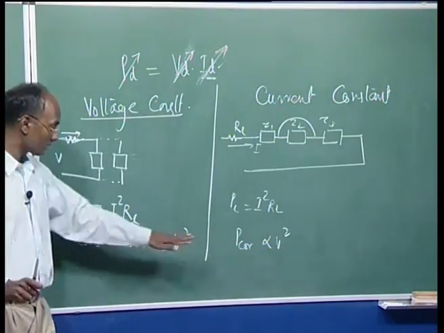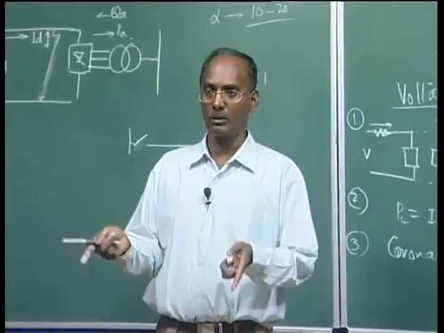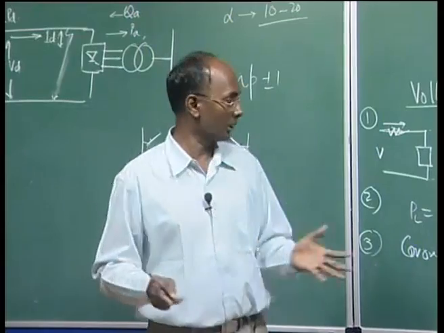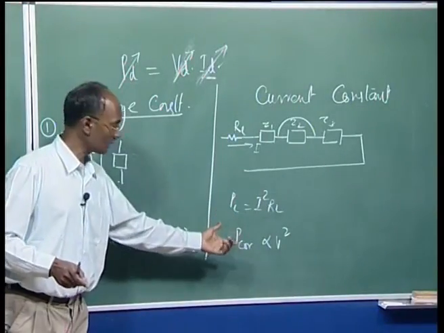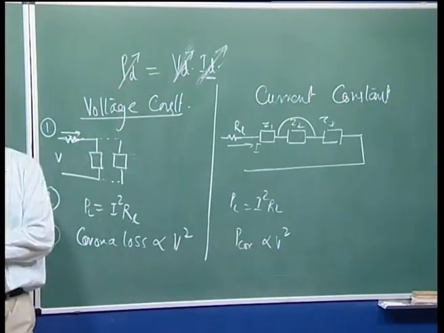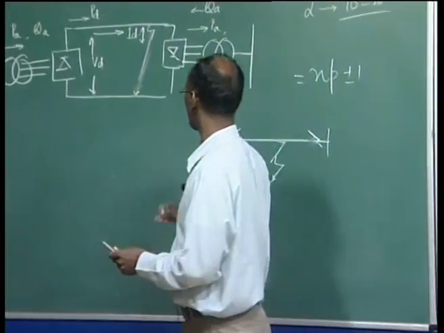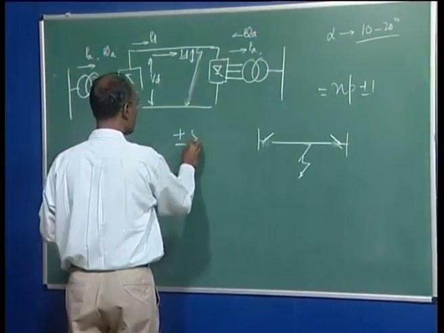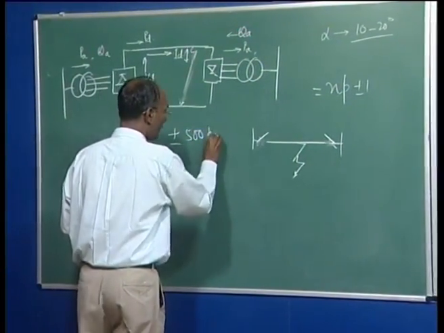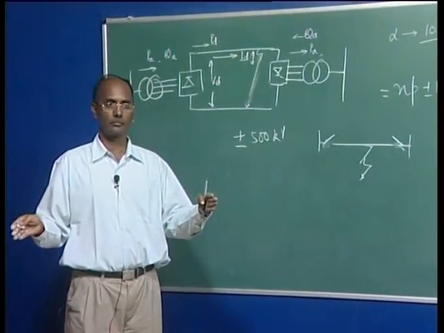As I said, this corona loss is proportional to f plus 25, that is the frequency. So here the frequency is 0, so this loss is less, and also here the voltage is varying, so this loss is extremely less. Even though you are operating the bipolar operation, that is plus minus 500 kV, means you are operating the two lines, line to line voltage is 1000 kilovolt.